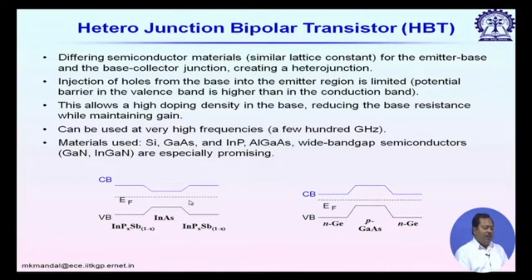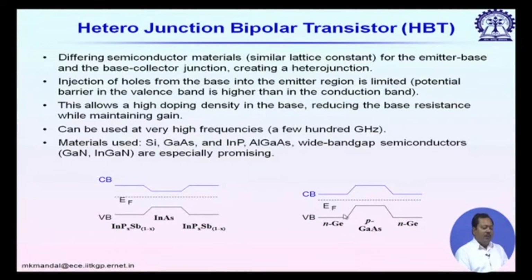You can see the band diagram. The left hand side shows a PNP type transistor, and the right hand side shows a germanium based NPN type transistor. For this NPN transistor, the emitter and collector are both based on germanium, but the middle base layer is p type gallium arsenide, two different types of semiconductor.